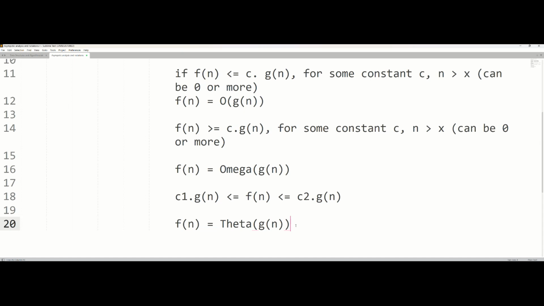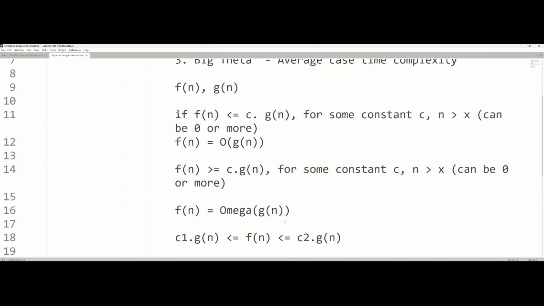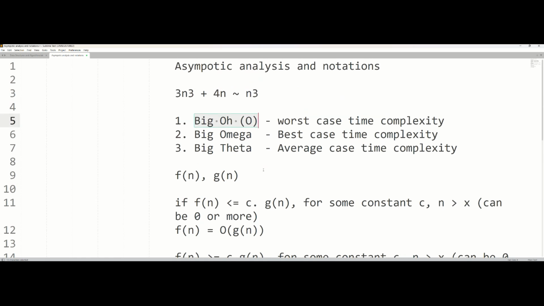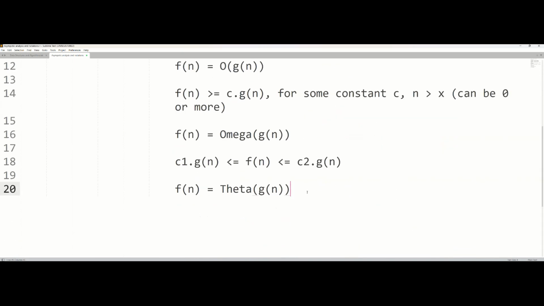So these hold significance based on the input size, and most of the time we consider the big O notation because that is the worst case time complexity, and that's how asymptotic notations work. We also have certain predefined values for certain algorithms. Let's say if an algorithm is O of n, we call it linear time.